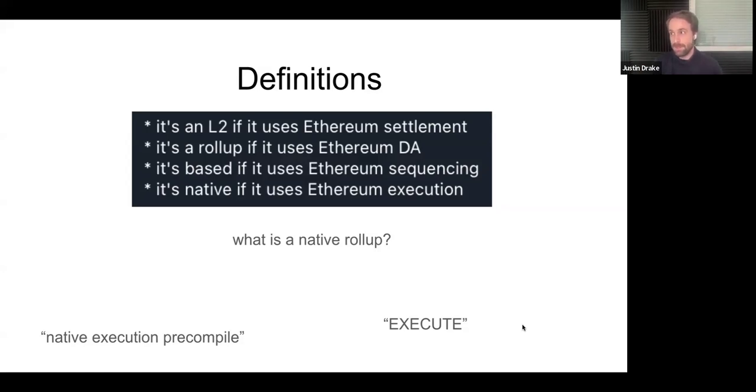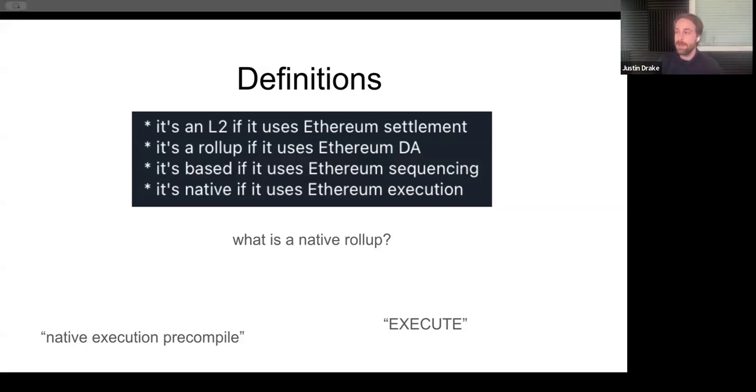Now, the simplest kind of native rollup is one where all of the execution goes through this precompile, but part of the value of having programmability is that you can add logic around it. So you could imagine having a custom gas token or custom governance, or maybe special system transactions that don't go through this precompile necessarily.